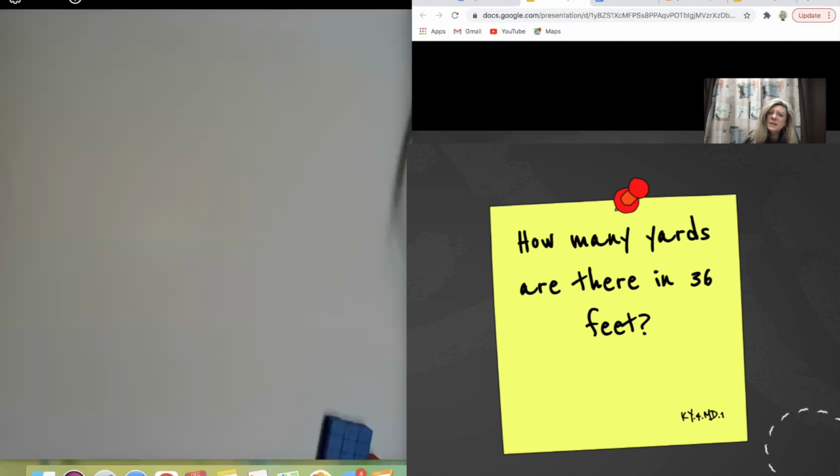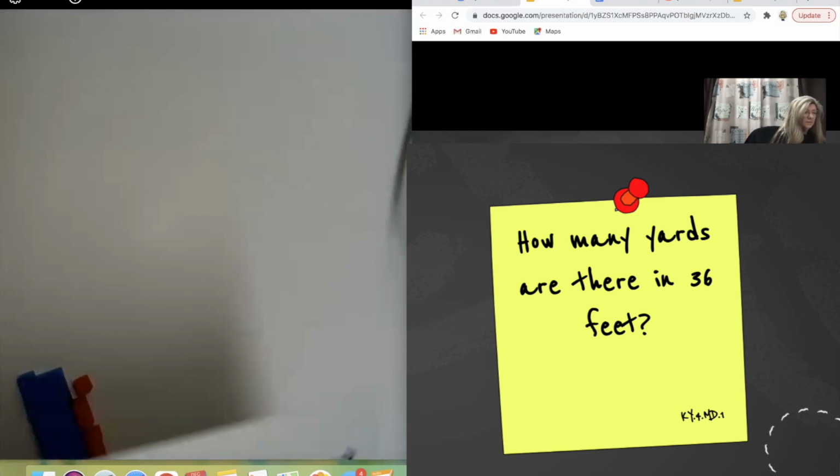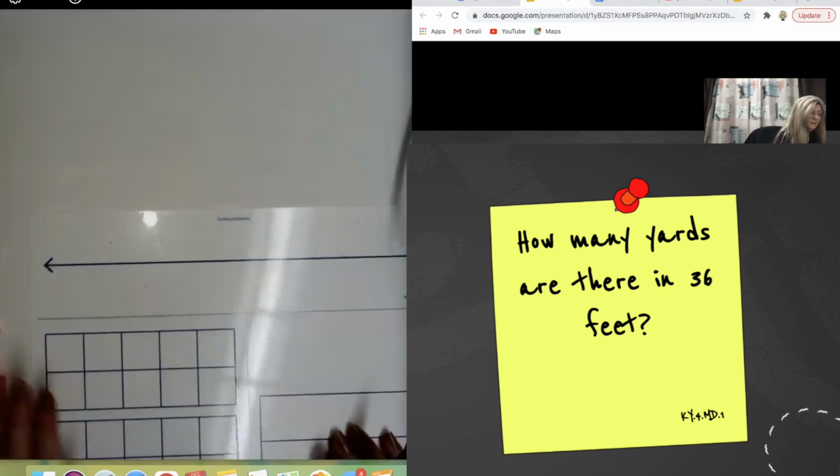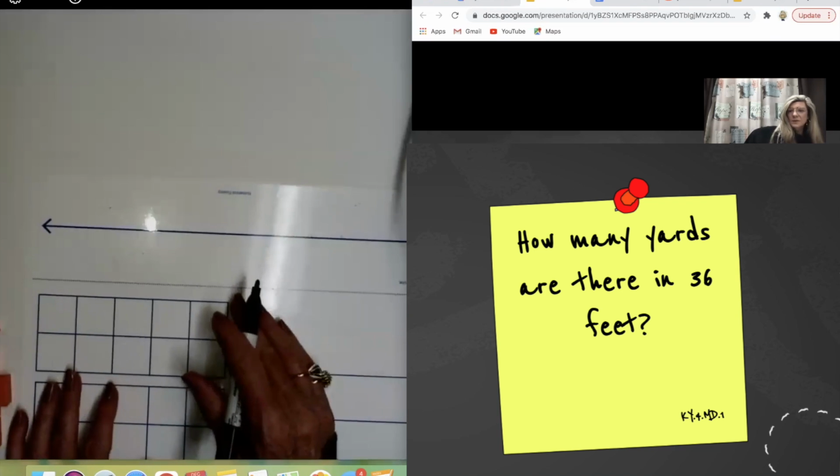And then our next one is how many yards are there in 36 feet? That's where I was talking about having those anchor charts where the kids can refer to them. And of course, we can always do that as if it were an open number line. We're doing yards.